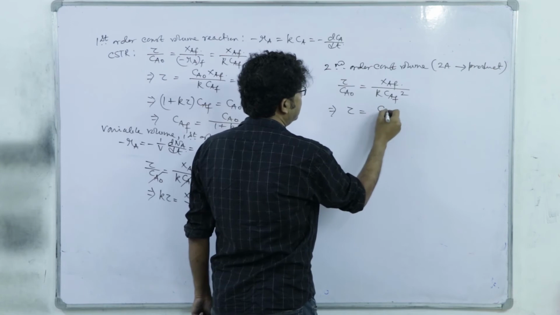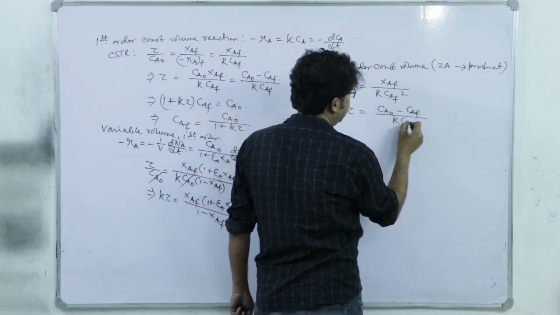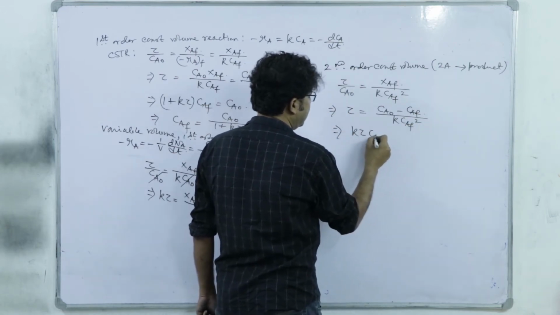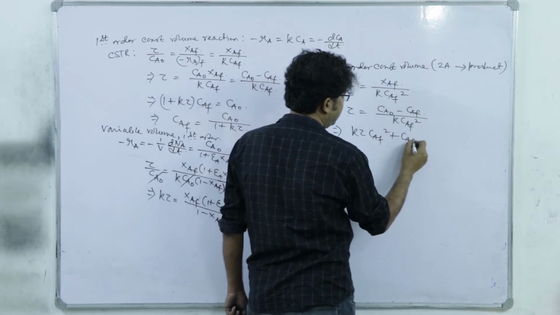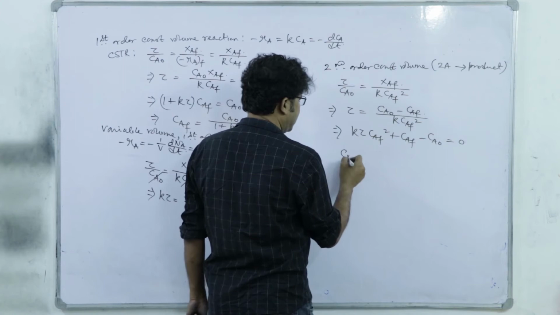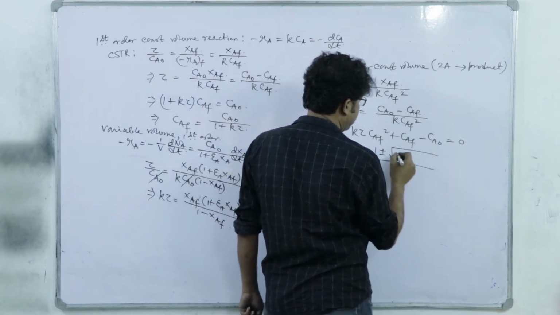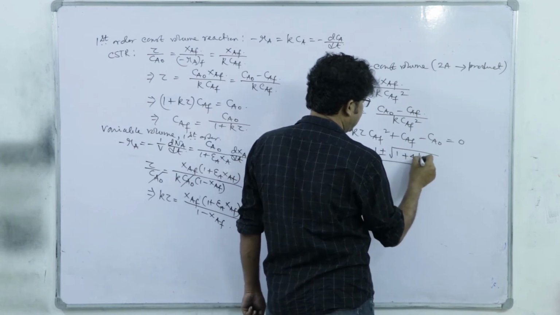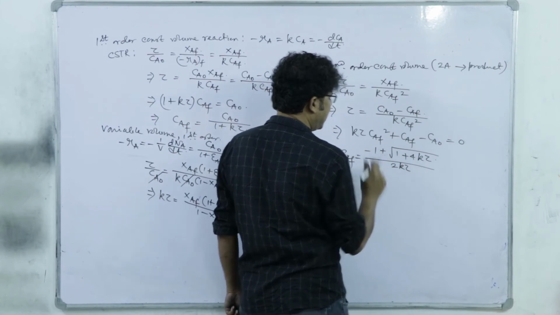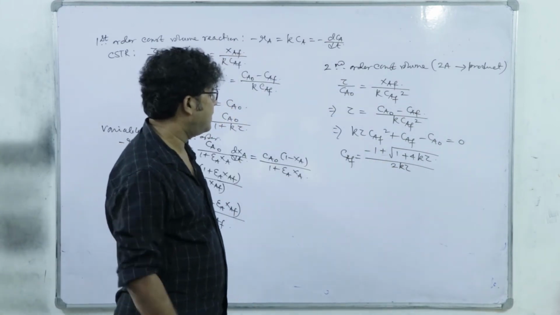So tau is equal to Ca naught minus Caf divided by K into Caf square. So K tau into Caf square plus Caf minus Ca naught equals 0. So Caf is equal to minus 1 plus or minus root of 1 plus 4 K tau Ca naught, divided by 2 K tau. So the minus sign will be cancelled in order to have a positive concentration. Right.